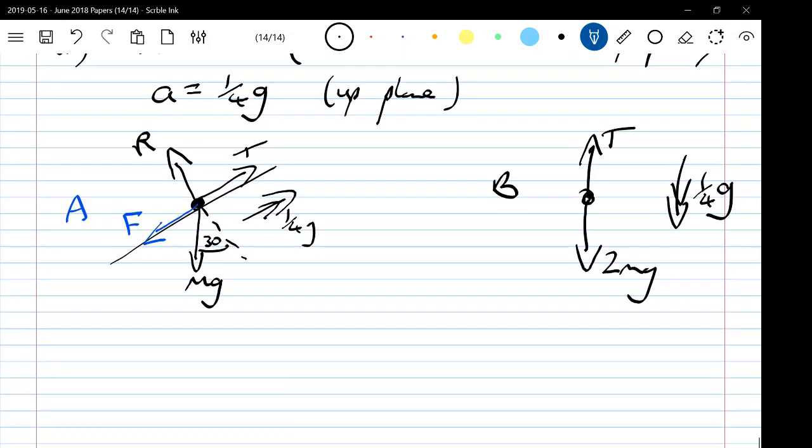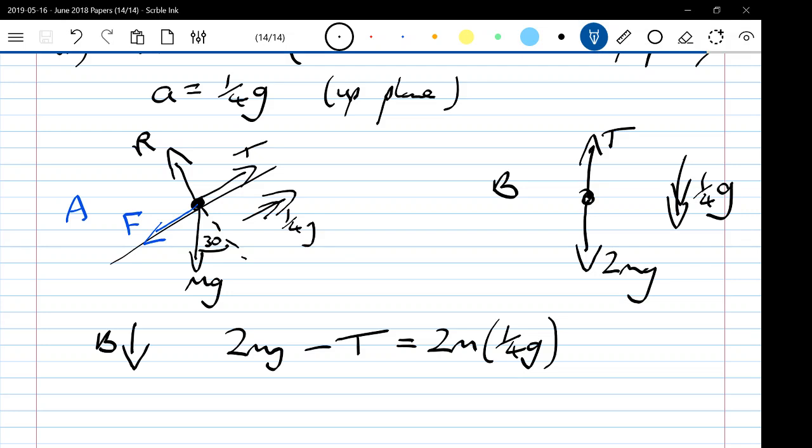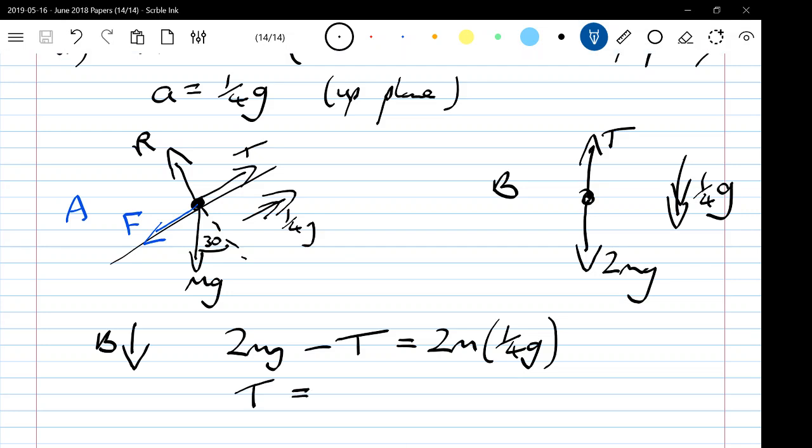So if I start to work through the process again with this, if I think of particle B, I'm going to resolve downwards. 2mg minus t is the mass times the acceleration. So if I rearrange this, I've got that t equals, what's that going to be? 2mg, take away a half mg, so that's 1.5 mg.